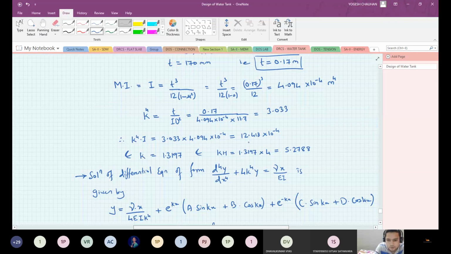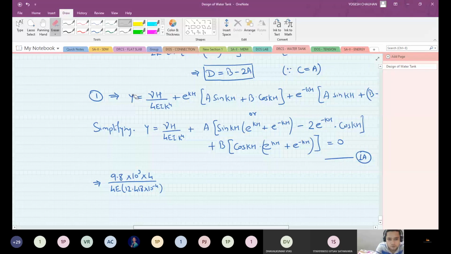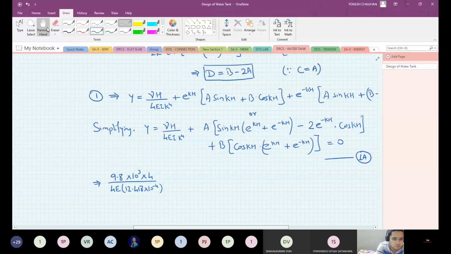Okay, this term, k to the power 4 into I, plus a times this sin kh into this term.